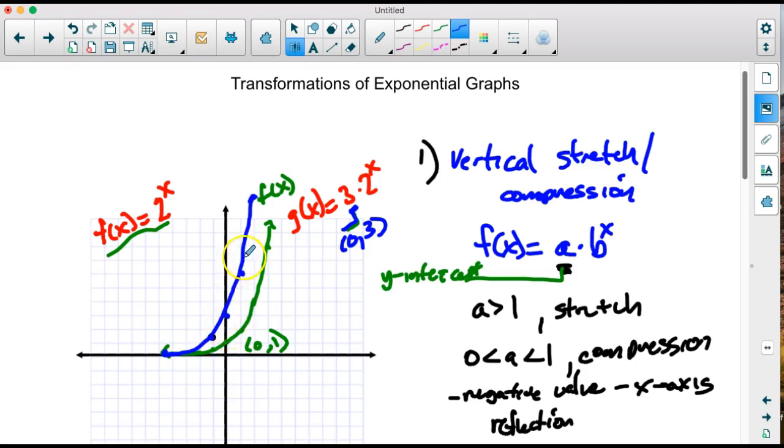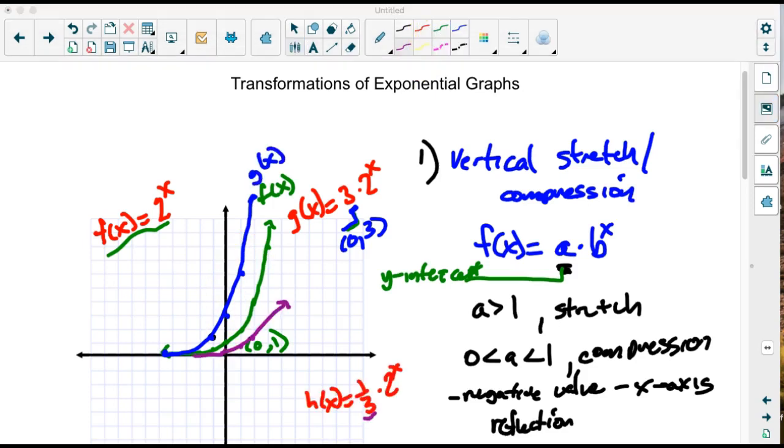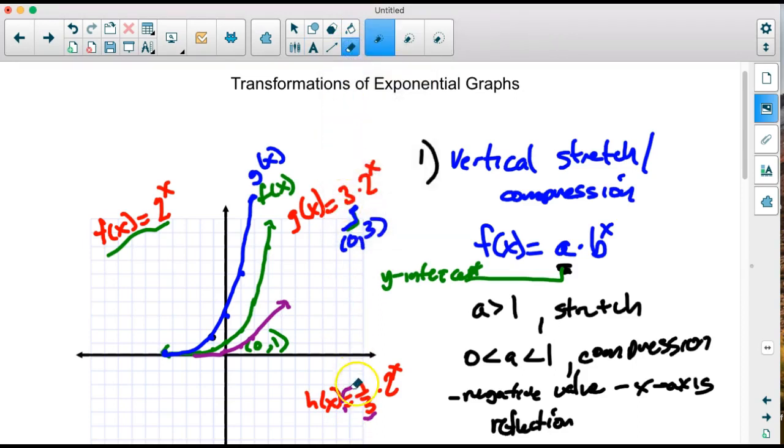Now, if we had a factor that was less than that, we created a function here called h of x, and its factor is 1/3 the original function. That would be the y-intercept, so we'd have a 1/3 down here as a graph.